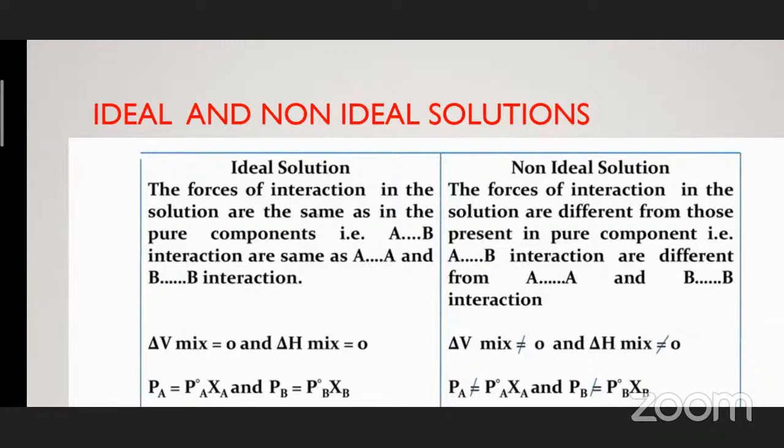If we get the expected values the same, we say that it is an ideal solution, and the change in the volume would be 0. I hope it is clear. What is delta V mix? After we mix the solute and the solvent, the change in the volume would be 0. That is for the ideal solutions.